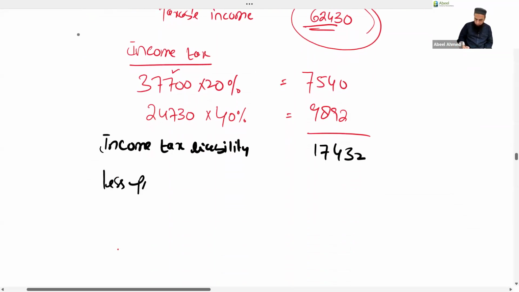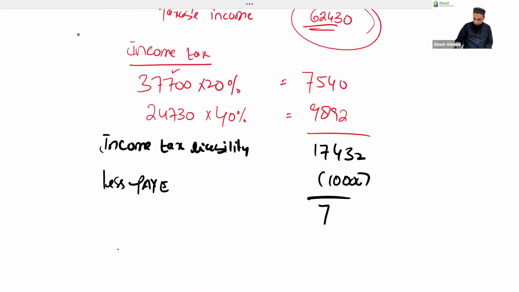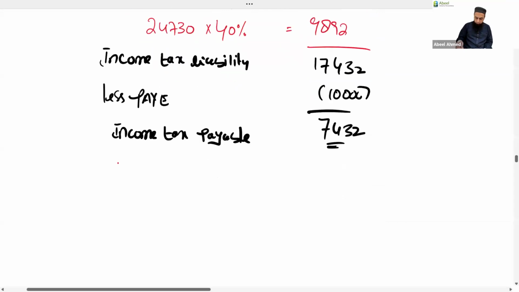Less pay as you earn 10,000. So here comes income tax payable. Income tax payable is 7,432.